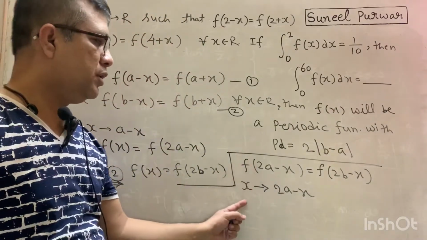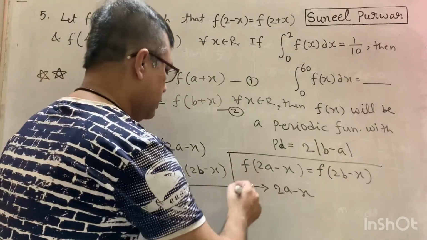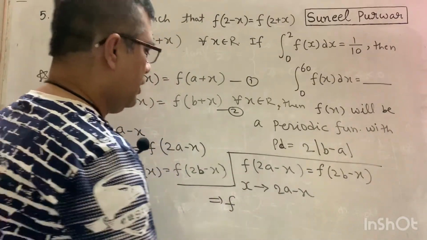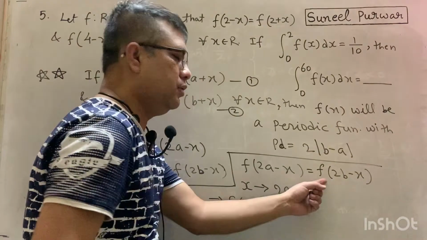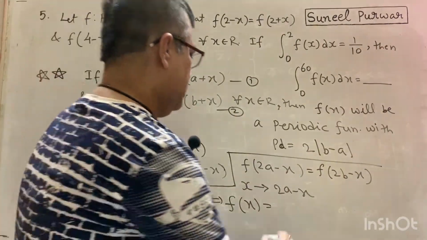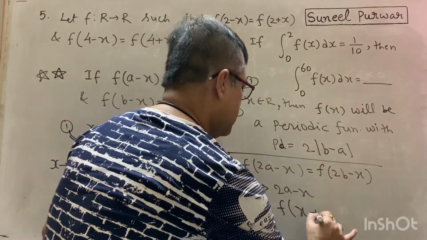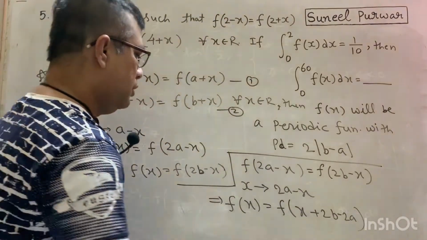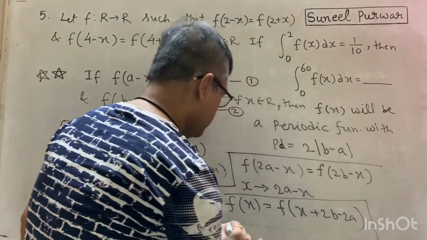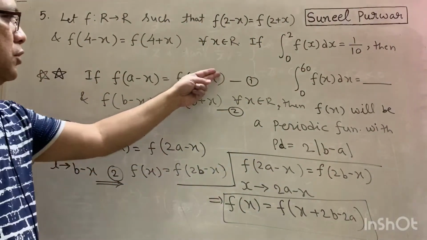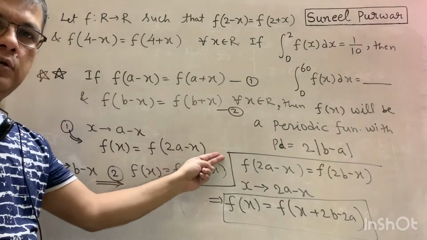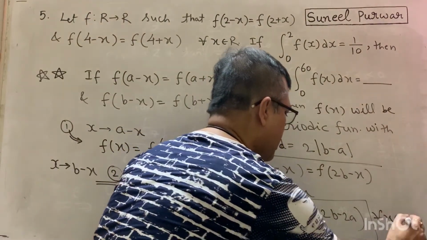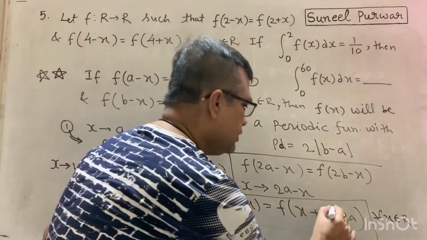So the LHS would become f of x, and the RHS would become f of x plus 2b minus 2a. So you see, what you have got is of this form. Now these relations were true for all x, so this is also true for all x.